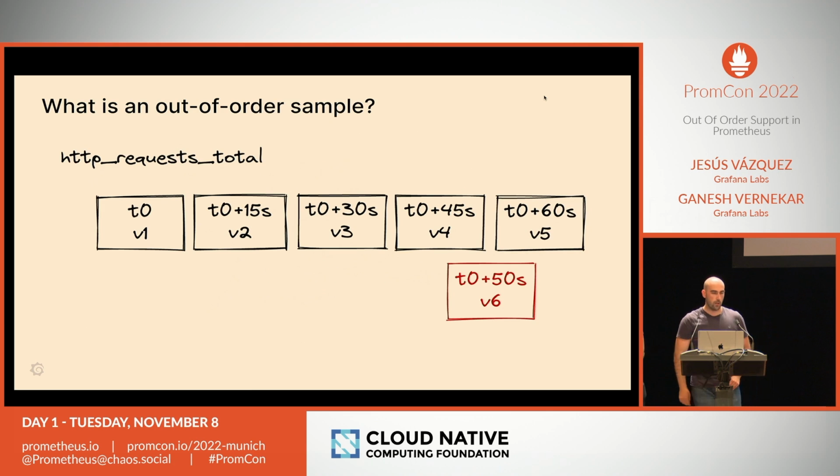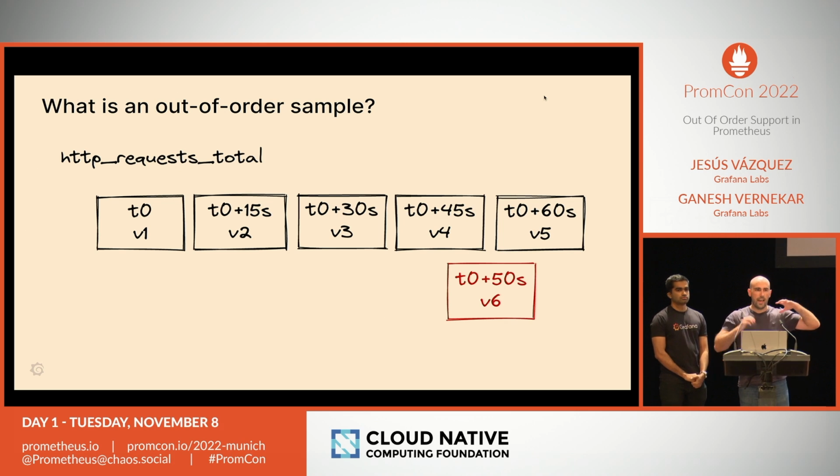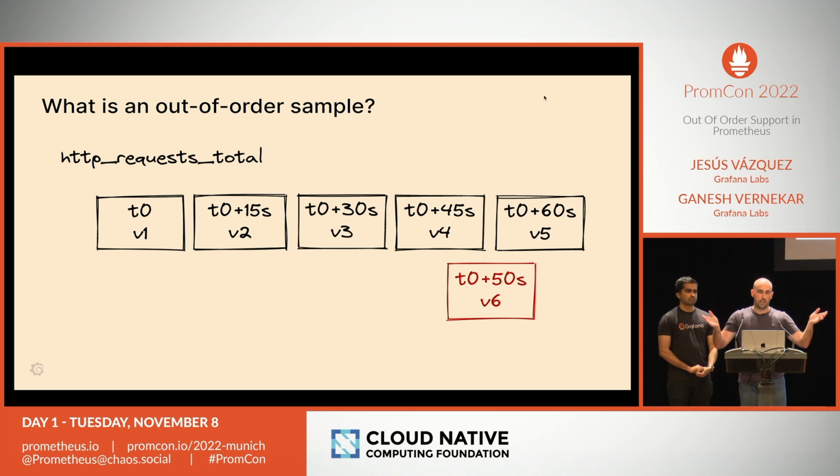All right, so what is out of order? Big question. We thought about writing a quote and a paragraph, but we think it's best to illustrate it. But before we get to explain what this image means, I'd like to do this little exercise. So we're going to talk about out of order within the TSDB, and the TSDB is this huge list of things and little components that work together.